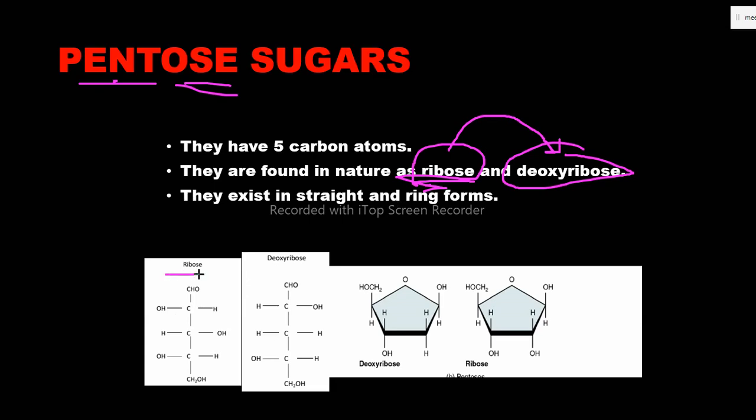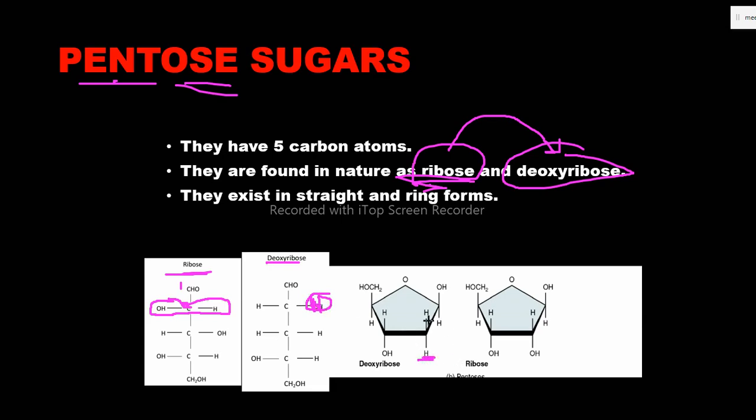You can see the straight chain of a ribose sugar. It's like this. This is carbon 1, this is carbon number 2. The ribose sugar has the OH group here. But the deoxyribose sugar has an H, like you can see here.